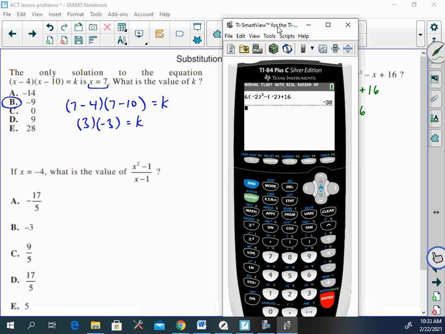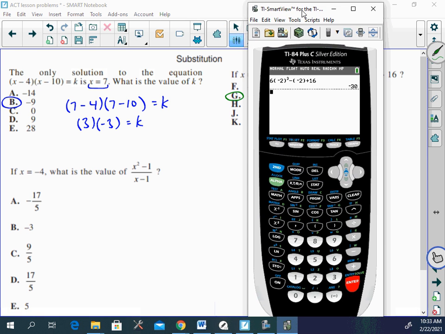Okay, so this next one is very similar, and this uses the fraction thing that we learned in an earlier lesson. We're going to plug negative 4 in wherever we see an x. So I'm going to use the alpha y equals enter. If you go back to the fractions daily lesson, you'll see a lot of this fraction stuff if you're not sure how to do that.